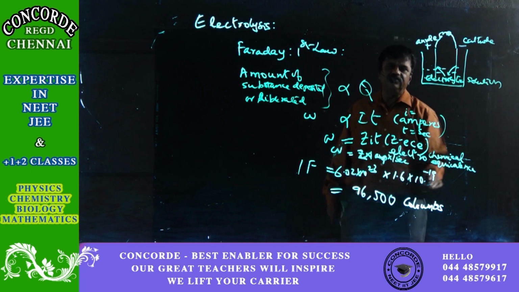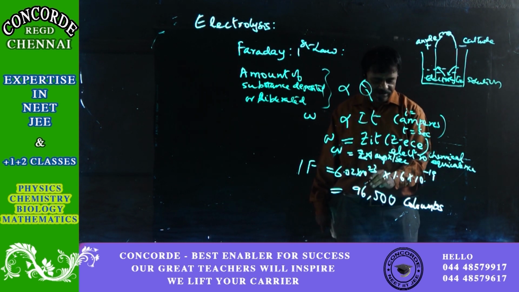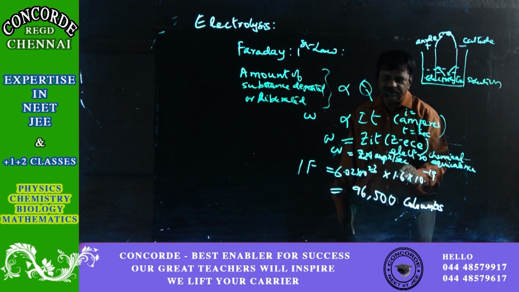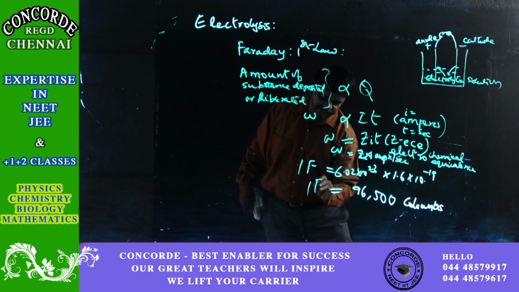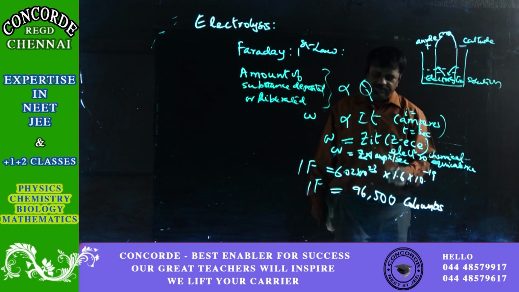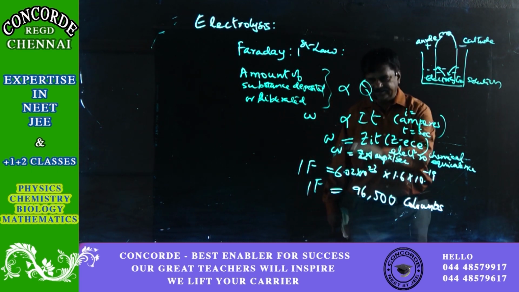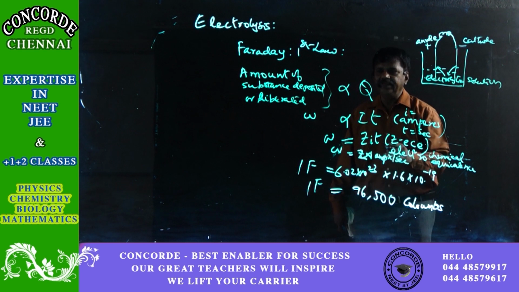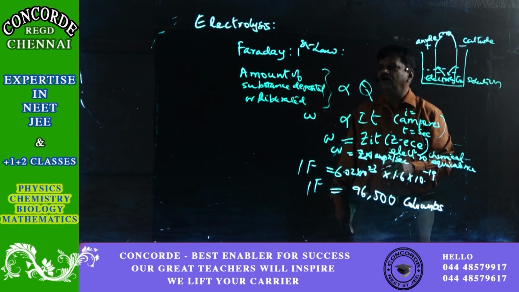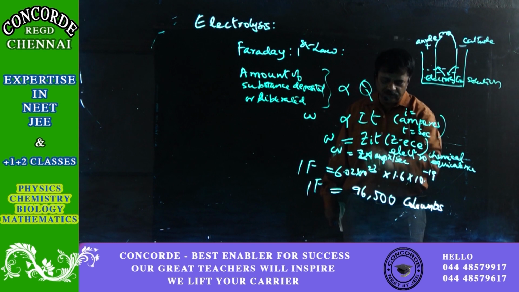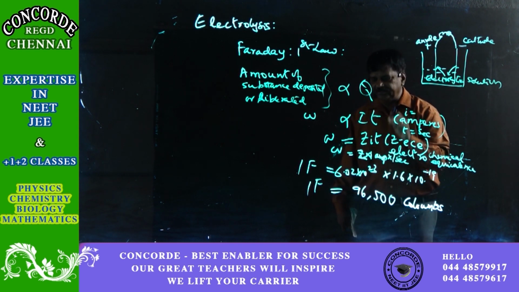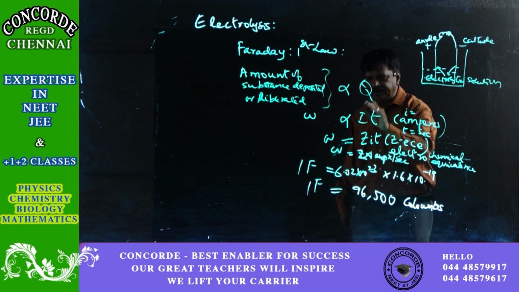When 96,500 coulombs of current is passed, you will get one mole of electrons. So 1 Faraday is equal to 96,500 coulombs, and if 1 Faraday of electric current is sent, then one mole of the substance is deposited.